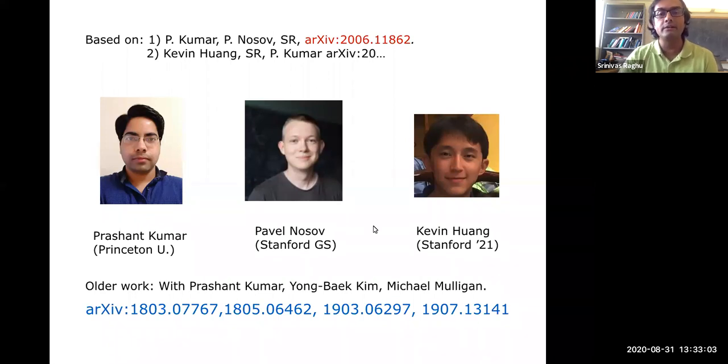And then there's Pavel Nosov, who's finished his first year at Stanford. And then lastly, I'm going to touch on some work done by a bright undergrad named Kevin Huang. He did some of the numerical studies that I will mention. And he's actually applying to graduate schools this year. So those of you who are on admissions committees, I would urge you to take a look at his file.